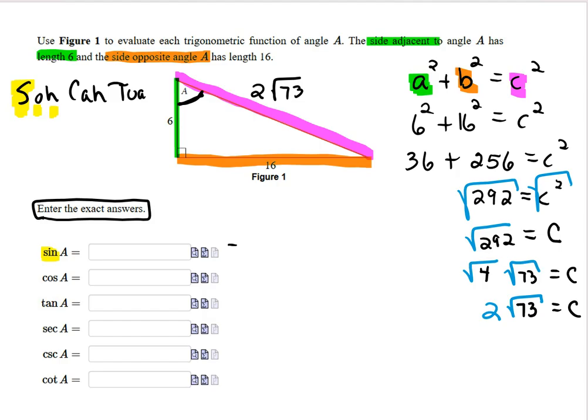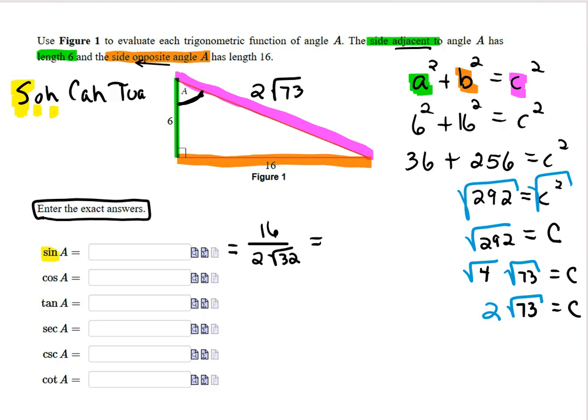So my sine is going to be, remember the orange is opposite and the green is adjacent, so opposite is 16, and hypotenuse is the 2 square roots of 73.